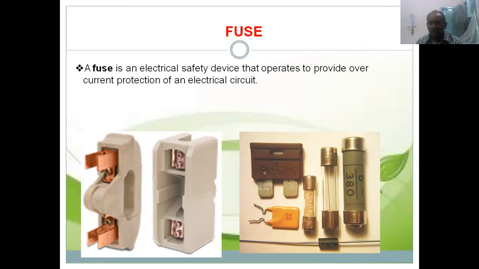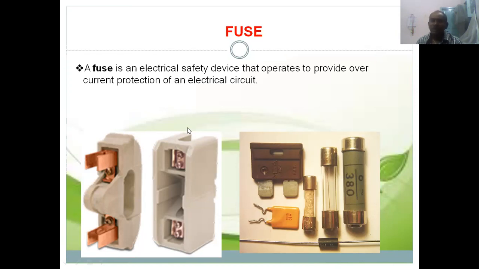Under normal conditions, whatever current passes through this fuse link, it is not heated. When the current passing through is more than the predefined value under faulty conditions, this low melting point element melts and blows, switching off the supply from this terminal to this terminal. That is the main purpose of the device.